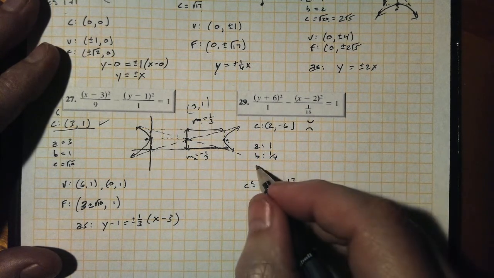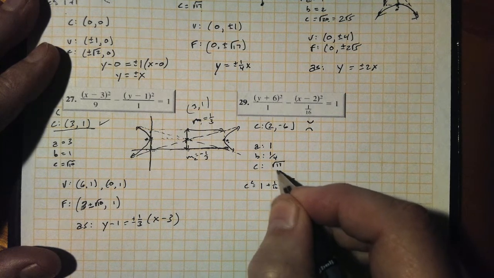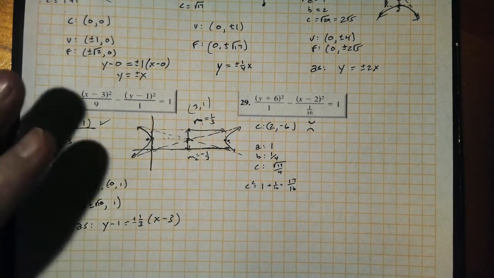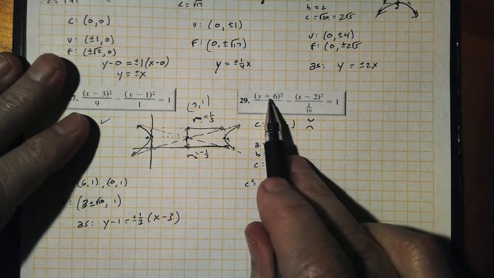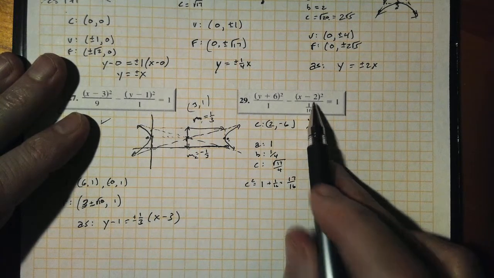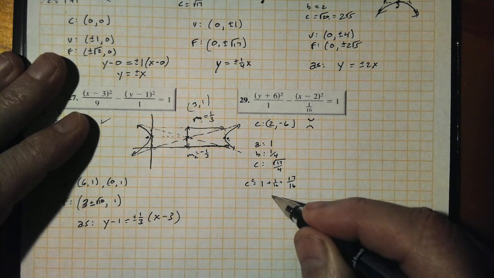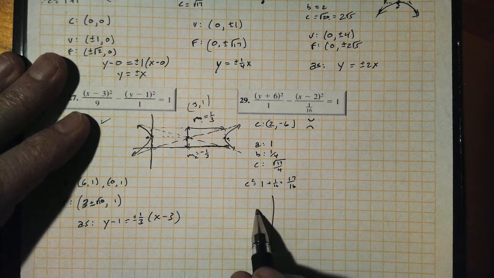So C is square root of 17 over 4. Okay, so big graph here. I need to go down quite a ways. I need to go right a little ways here. And then once I do that, we're not moving very far at all.